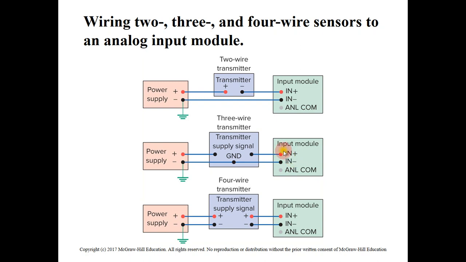In the case of the discrete, you remember we only have terminal 0, terminal 1, terminal 2, terminal 3, terminal 4, and so on, so each sensor or switch connects with one terminal. But here each input device is connected with an input positive and an input negative.